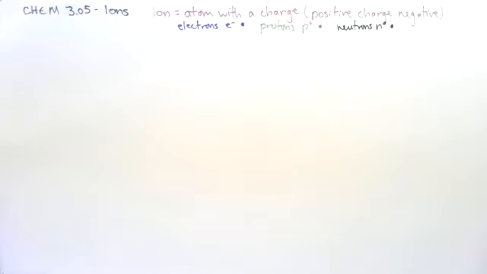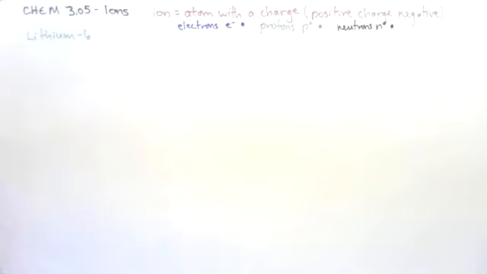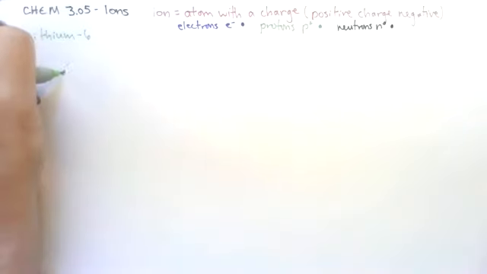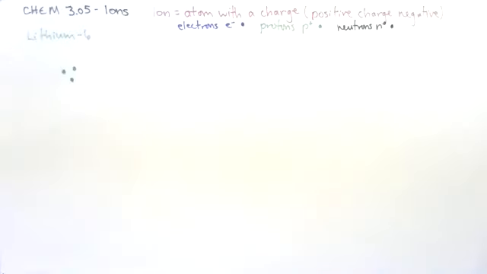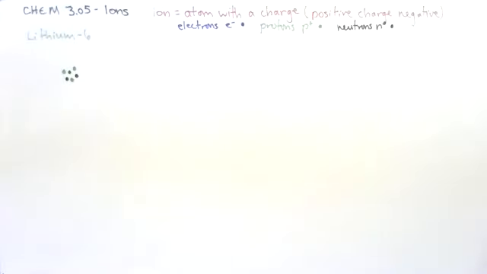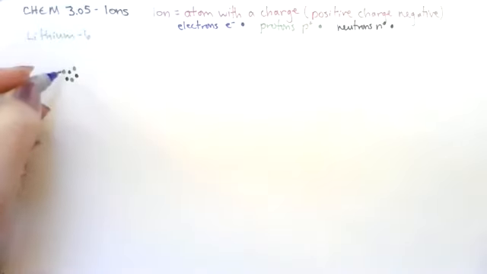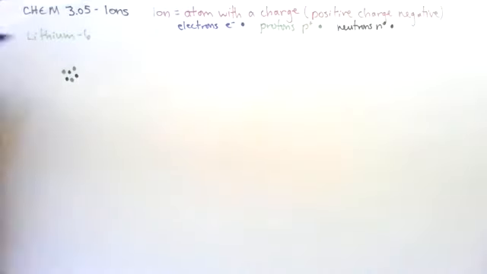So if I take an atom of lithium 6, we know lithium has 3 protons, and since it's lithium 6, we have to have 3 neutrons. Usually when we talk about elements, we assume they're neutral. So these 3 protons give me a charge of +3.